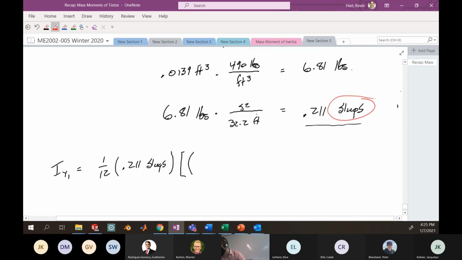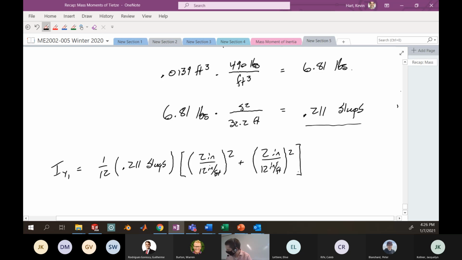So make sure to use feet here. We're going to have something like 2 inches divided by 12 inches per foot, squared, plus 2 inches divided by 12 inches per foot, squared.